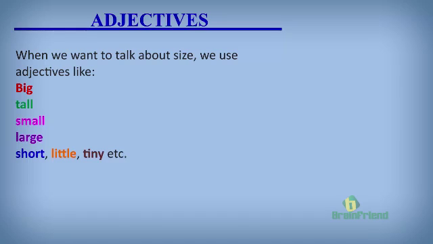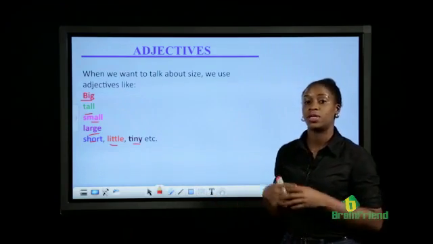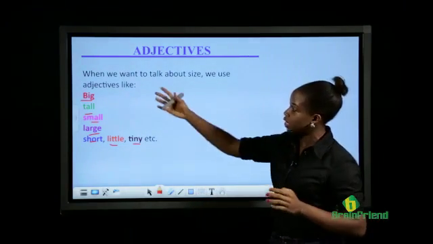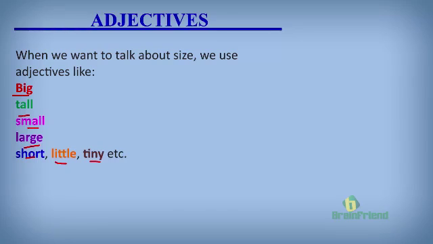So for size, we use words like big, tall, small, large, short, little, tiny, and etc. These are adjectives because you can use them in describing people or different things. And we use this type of adjectives in talking about size.